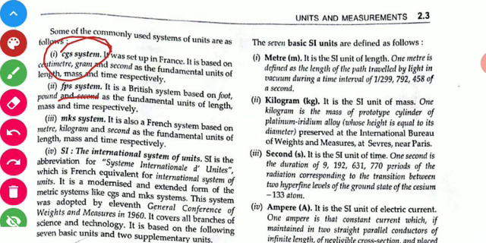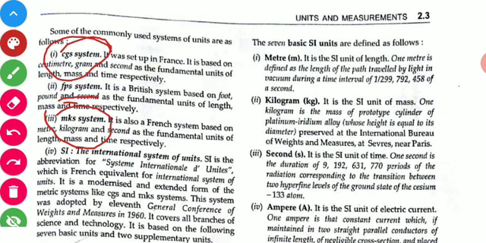One more system, the MKS system, was also set up by France. In this, we measure length in meter, mass in kilogram, and time in second.